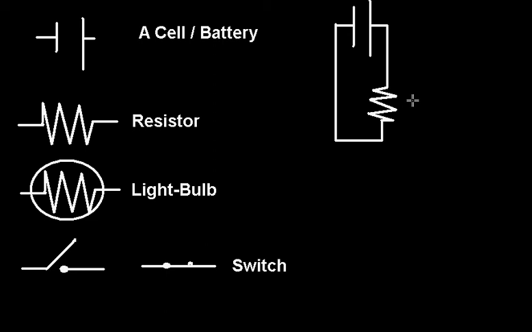Okay. Now, I'm going to show you guys multiple examples of different scenarios that can be done with this. So this would be a very simple cell lighting up a bulb. There would be no control over turning the light bulb off and on unless you kill the cell or the battery. But here's a quick example of creating a switch.